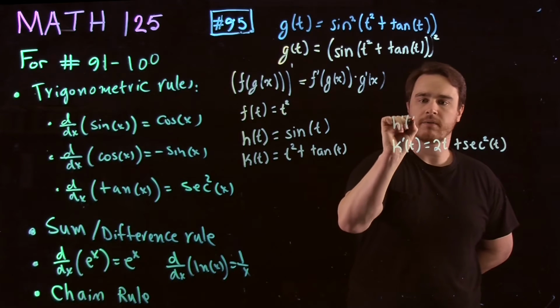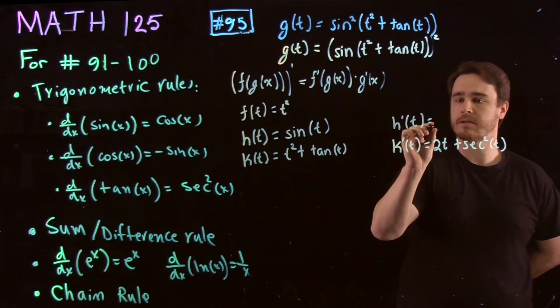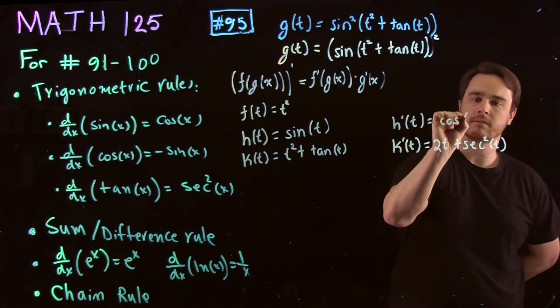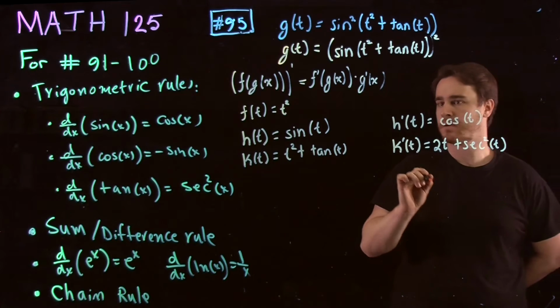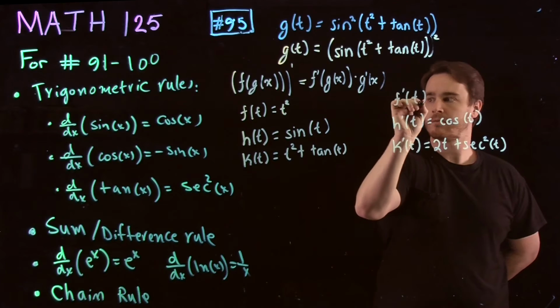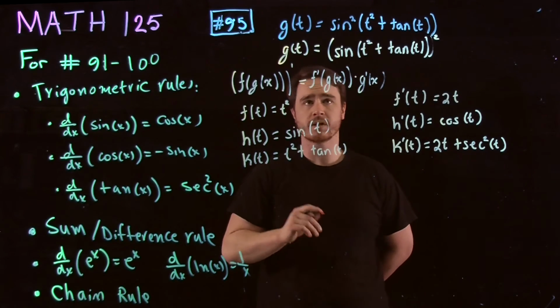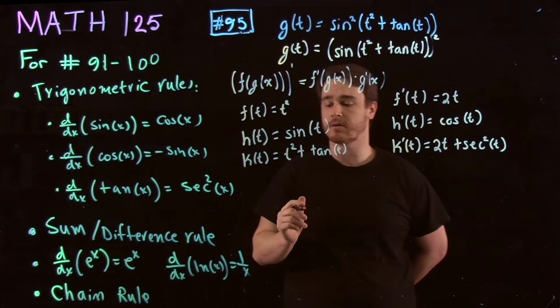The derivative of h, in this case, is cosine of t. And the derivative of f is 2t.